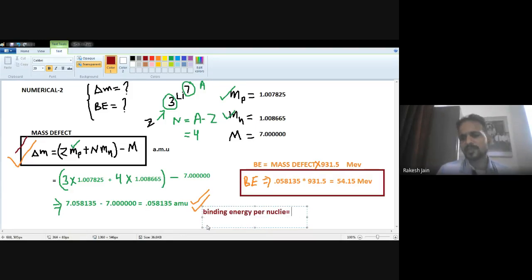The binding energy per nucleon can easily be calculated as the binding energy divided by A. Here I write B as the abbreviation for binding energy; you can use B.E. also, so don't be confused.